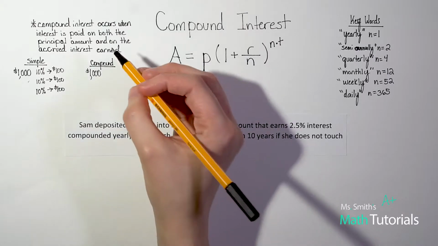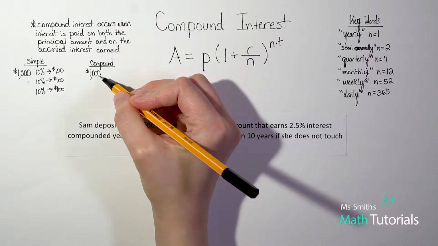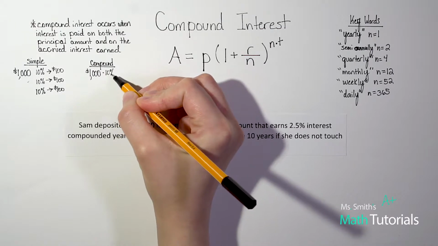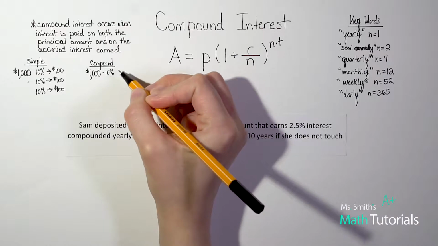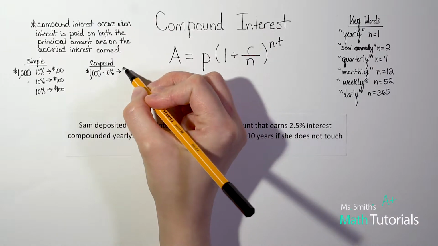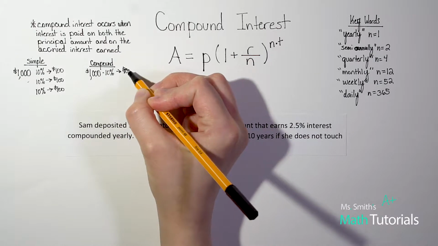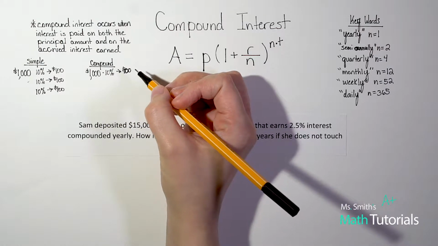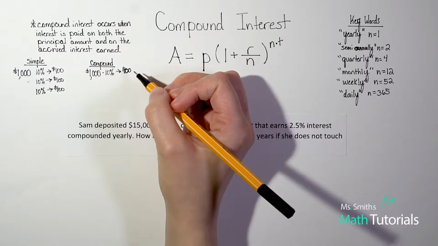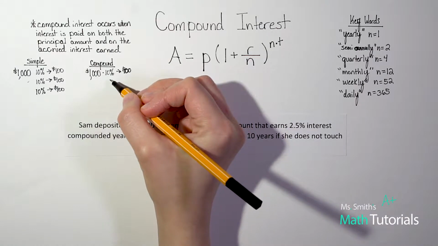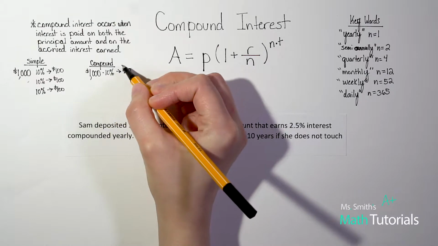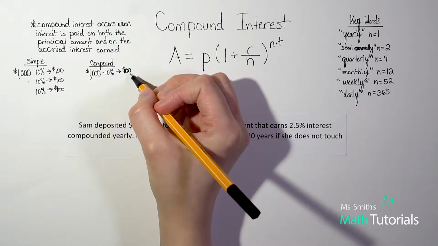So in a compounded interest, if I put that same $1,000 into a bank account, for the first month, I earned 10% interest, right? So 10% of 1,000 again is $100. So far, same amount, right? No difference. But the second month, it not only will give me 10% interest on the $1,000 I had, it will also add in that $100 that I earned.